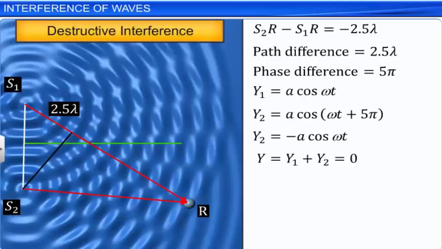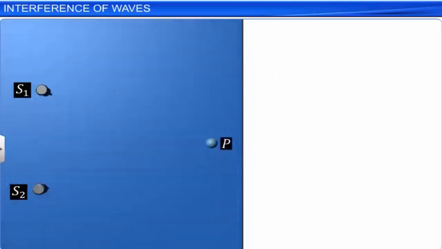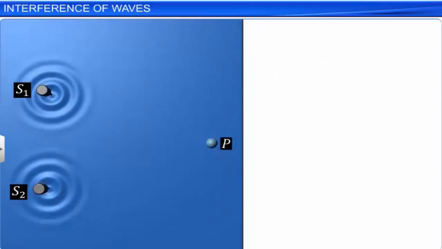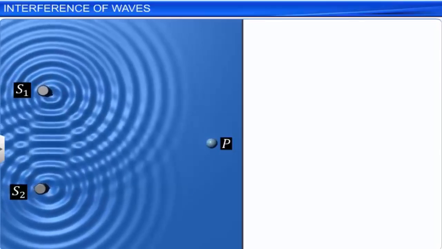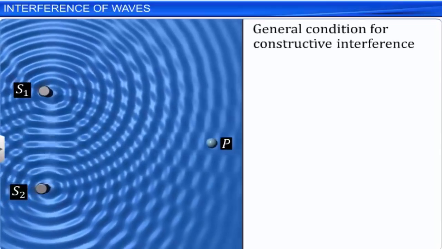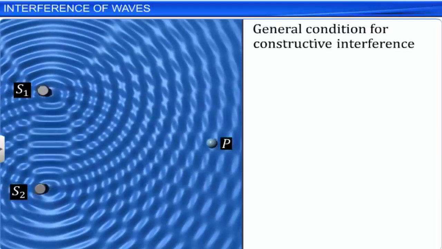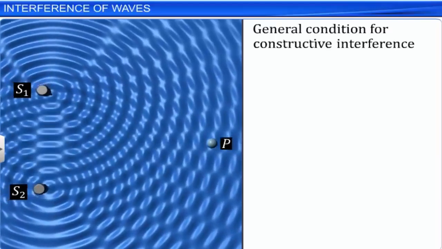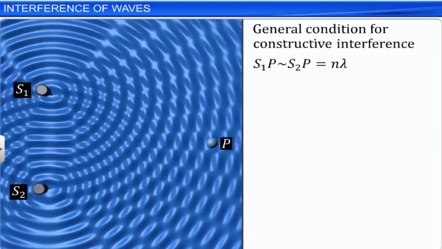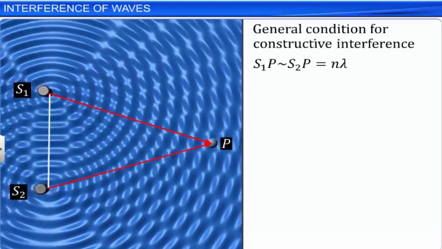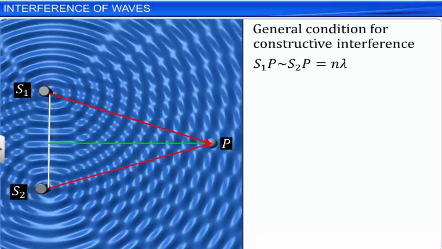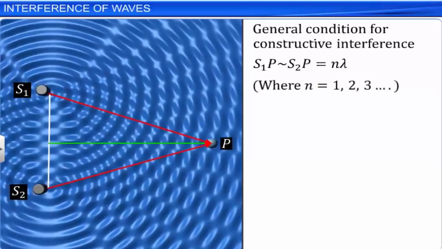Hence, if waves are emitted by two coherent sources like S1 and S2, the general condition for constructive interference of these waves at a point P is that the path difference between S1P and S2P must be equal to n lambda, where n is a positive integer. Let this be equation 1.